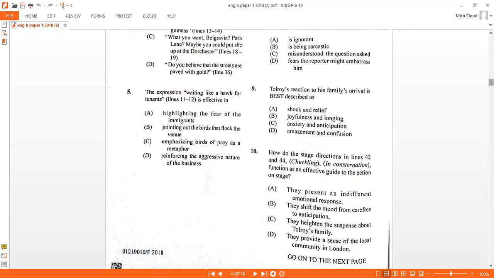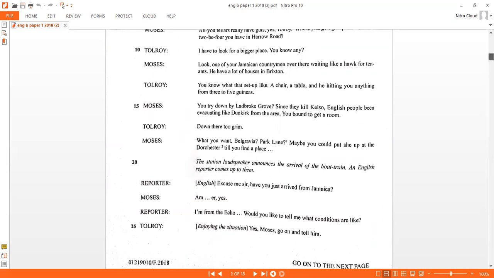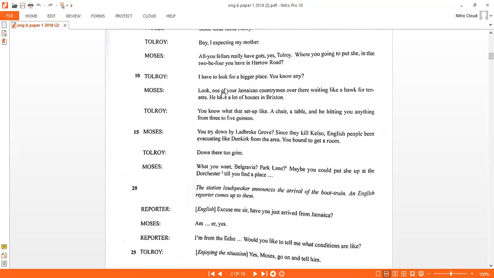Now, when we think about a hawk, the image that is being created could be a violent bird that attacks its prey, as well as having the ability to use its intuition to attack when it thinks it is best. Now, when we go back to lines 11 and 12, we see it says, "one of your Jamaican countrymen over there waiting like a hawk for tenants."